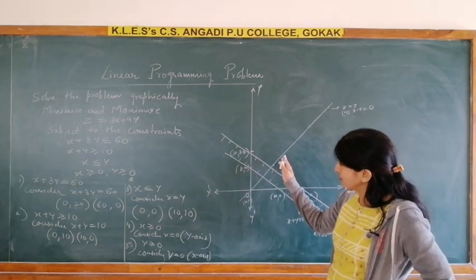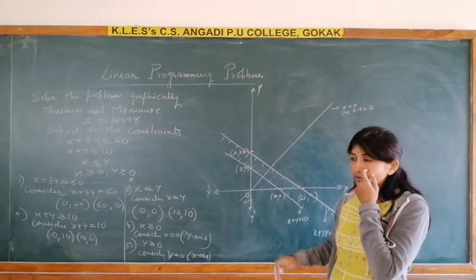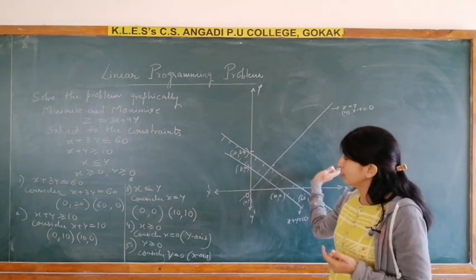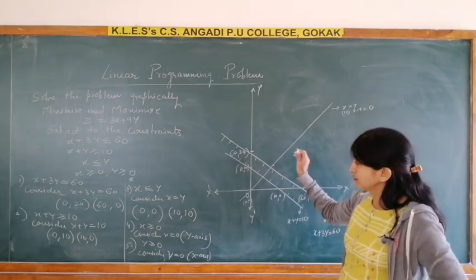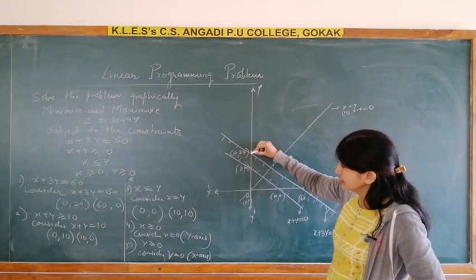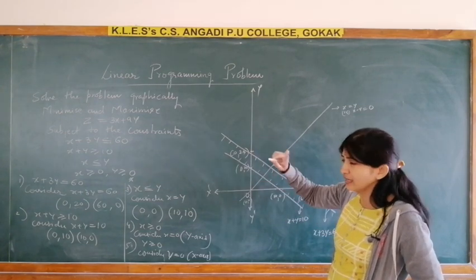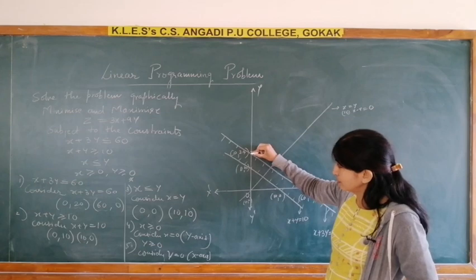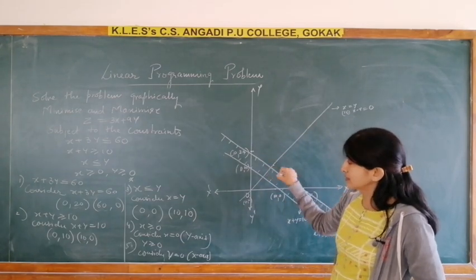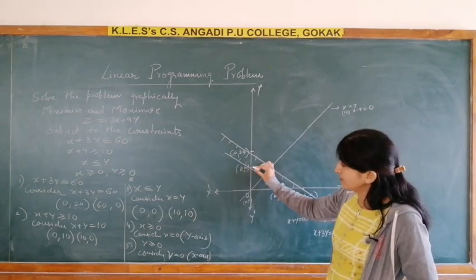So, from which side we have to shade, whether this side or this side, we have to find. The simple method is, on the x axis and on the y axis, take any point which lies there. 4 points are lying on the x axis and y axis. Any one point you consider.